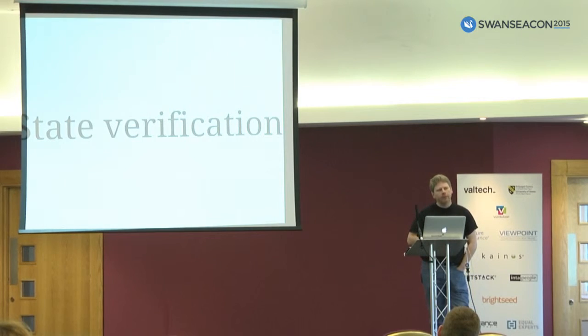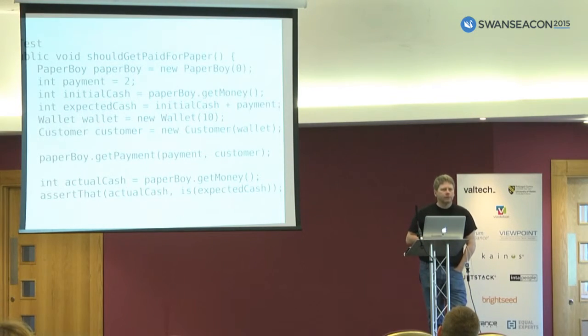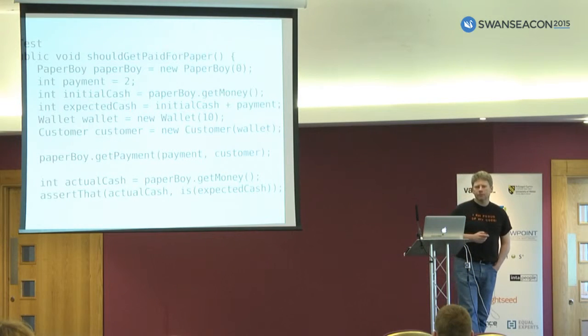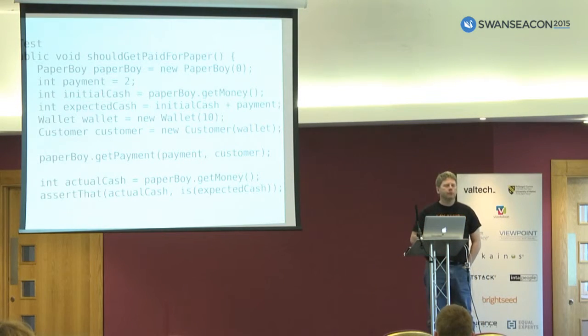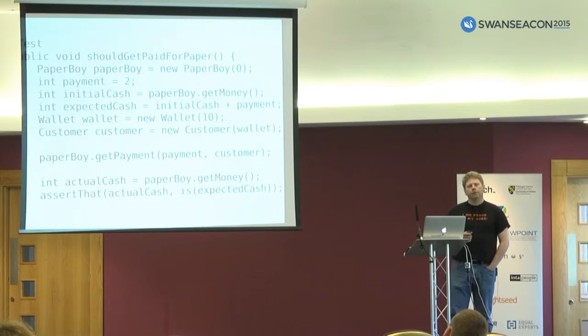If we try to implement this just using state verification, we could try to test something like this. We create a new instance of a Paperboy. We define that the payment should be 2 in some kind of currency. And we check for the initial state of the Paperboy.